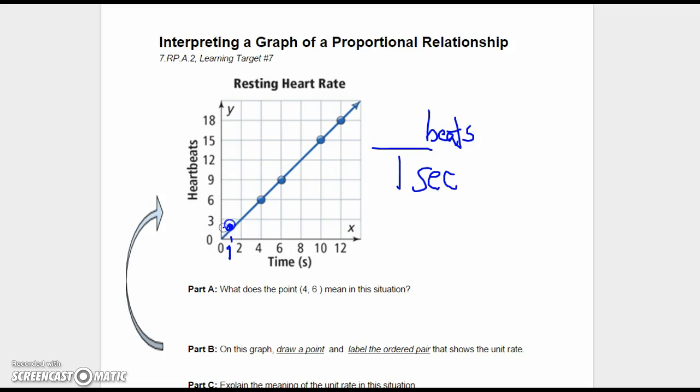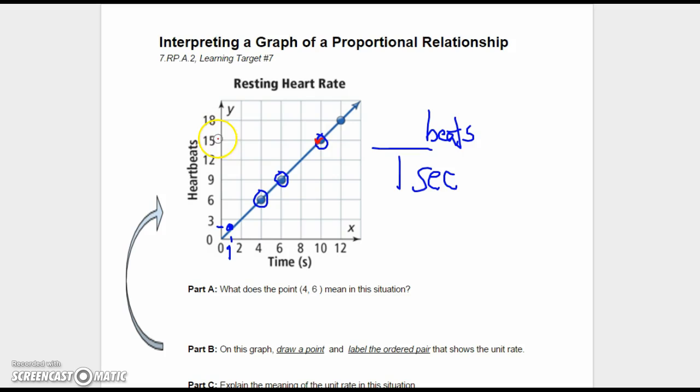And I could guess what that is on the y-axis, but instead of guessing, what you should do is use any of the points that you know for sure. Use any of them. Like I could take 15 heartbeats here and 10 seconds. So I'm looking at this point right here.